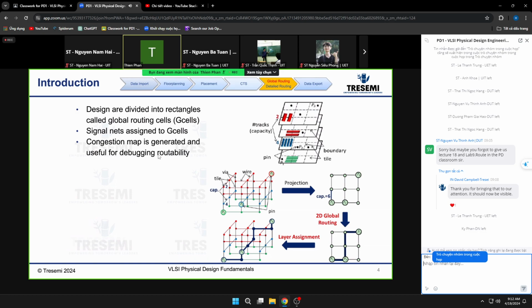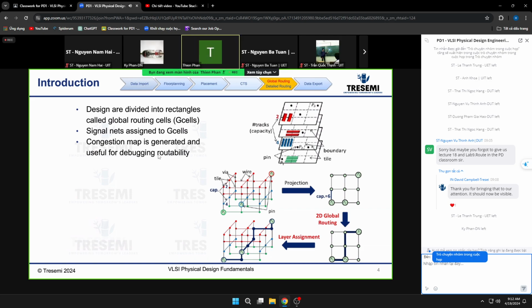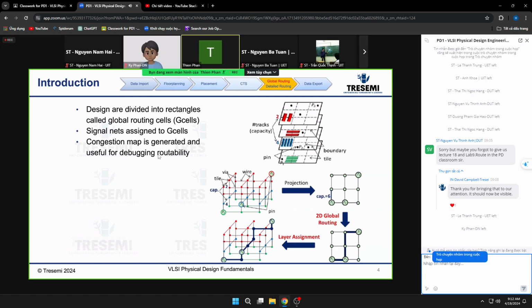So purely for this example purpose. So you look at it and you compress all the layers together, right? So you have 2 vertical tracks on M4, and you have 4 vertical tracks on M2. If you add that up, you have 6 vertical tracks, right?